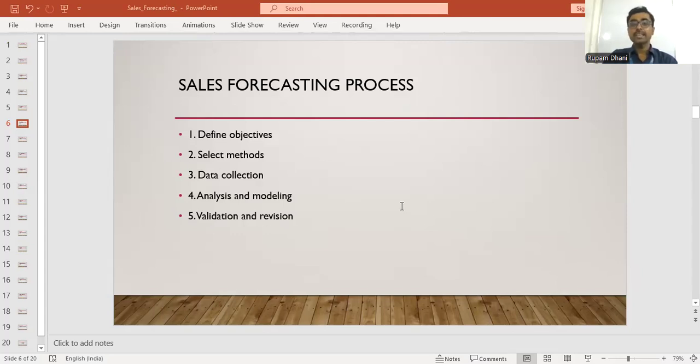And finally, validation and revision, because it's crucial to review our forecast for accuracy and adjust it as new information becomes available. Because every day, every time, new information is coming from the market, from the consumers. And we have to regularly revise our forecasting techniques for proper validation according to market trends, because the market is completely volatile and uncertain.